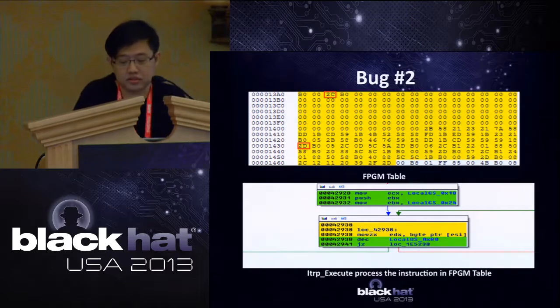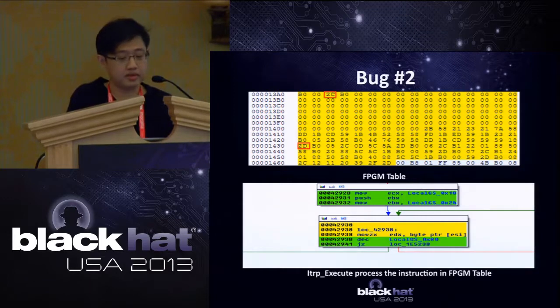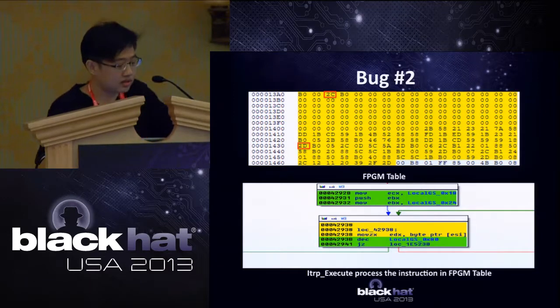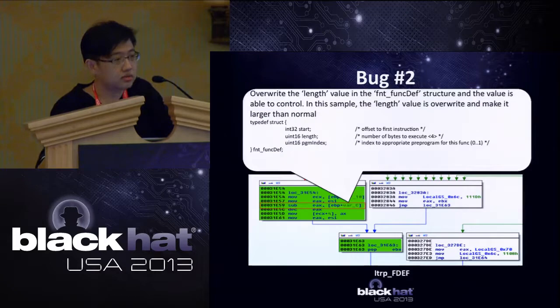And this slide shows you the second finding of our fuzzing process. The picture at the top is the fpgm table in the crafted font. ITRP_execute processes the instructions of the fpgm table and defines a routine of block code starting at offset address 13A3 until 142F. This allows us to control the range value in the fnt_function define structure and override the number of bytes to execute to be larger than normal.